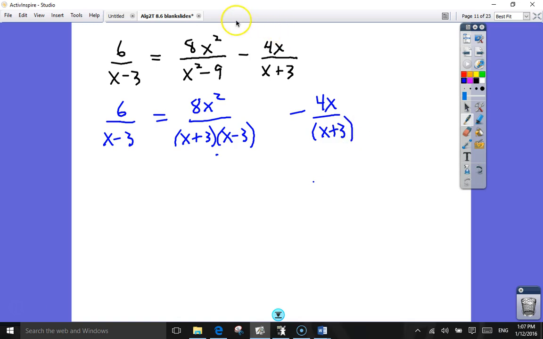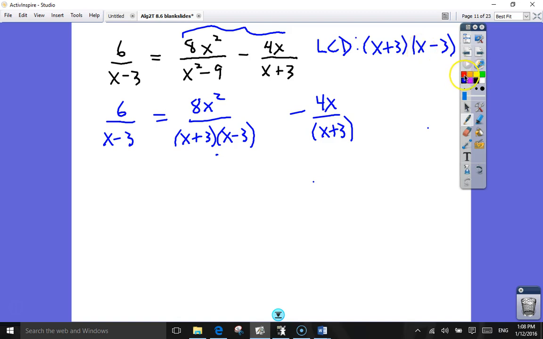Okay, now just considering these two terms, the LCD between these two is x plus 3 times x minus 3. This one has both of those, this one has the x plus 3. So the LCD is that.